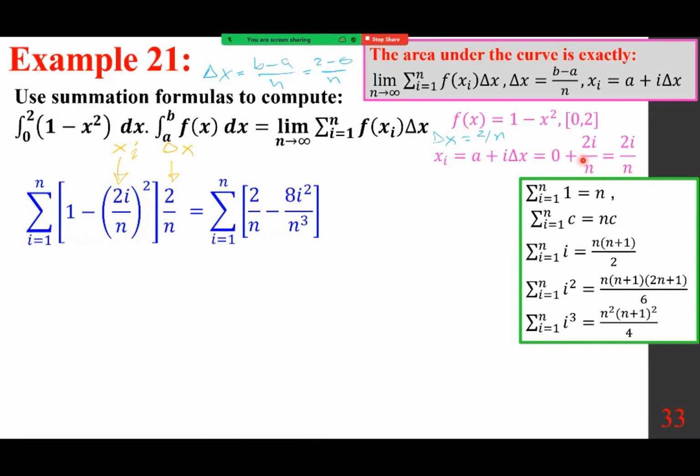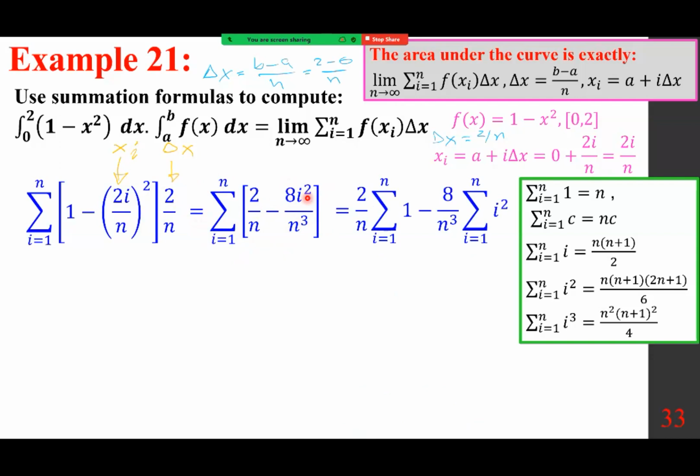Now, since we are going to use those formulas, we are going to make each and every one of them look like that by first and foremost making up 2 summations, the summation of this piece minus the summation of this piece. Summation of this piece, I can take the 2 over n out and I have a 1. Summation of this piece, I can get minus 8 over n cubed out, and summation of i squared.